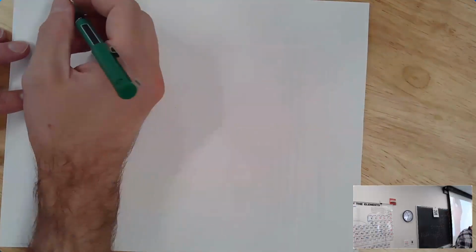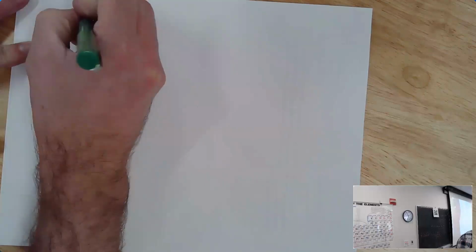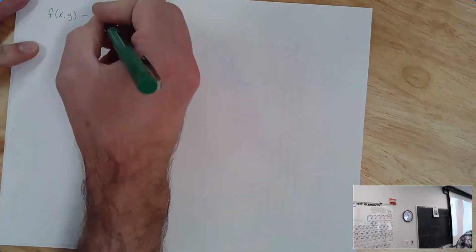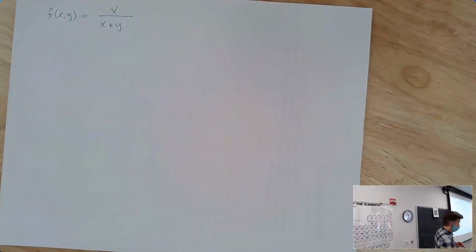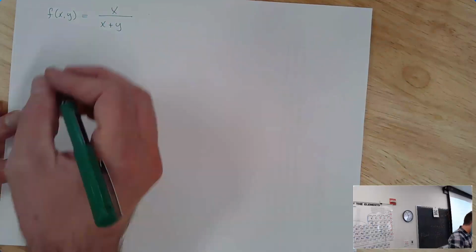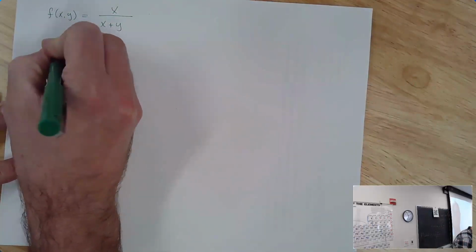And let's look at this function. f of x, y equal to x divided by x plus y. All right, so let's find some partials first of all. We're just going to start off with the derivative with respect to x.